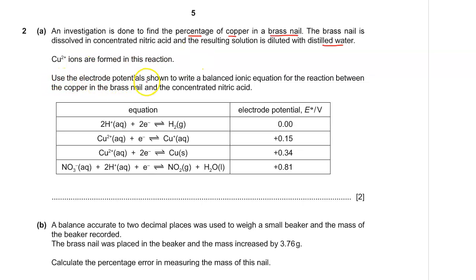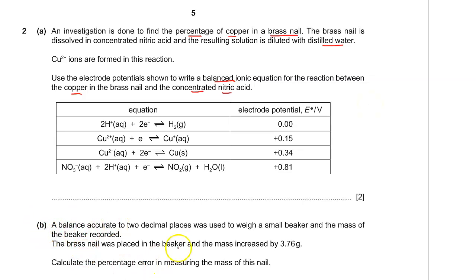Use the electrode potentials to write a balanced ionic equation for the reaction between copper in the brass nail and the concentrated nitric acid. All right, that's what you need to write.